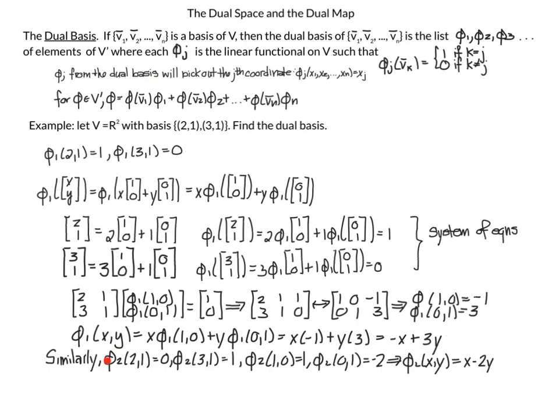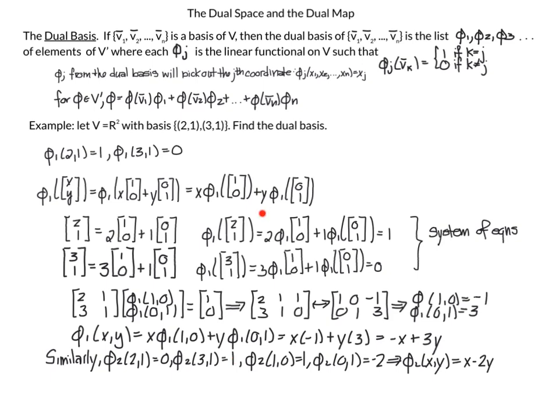I can do the same analysis for phi 2, where it's going to pick out our second basis vector. So phi 2 of the first basis vector, (2, 1), will equal 0, whereas phi 2 of our second basis vector, (3, 1), will equal 1.